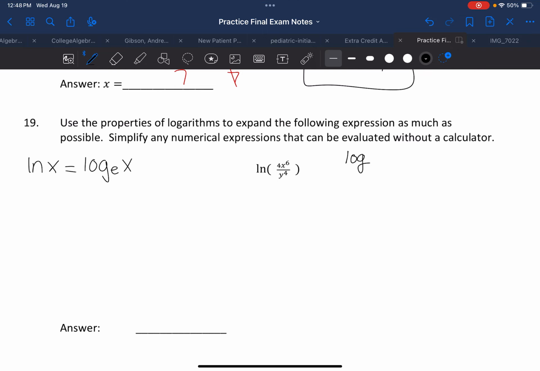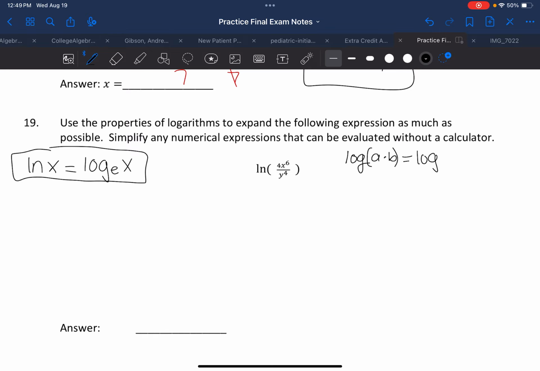So the rules for these logarithms: if I have log of a times b in an expression, this can be expanded using summation.